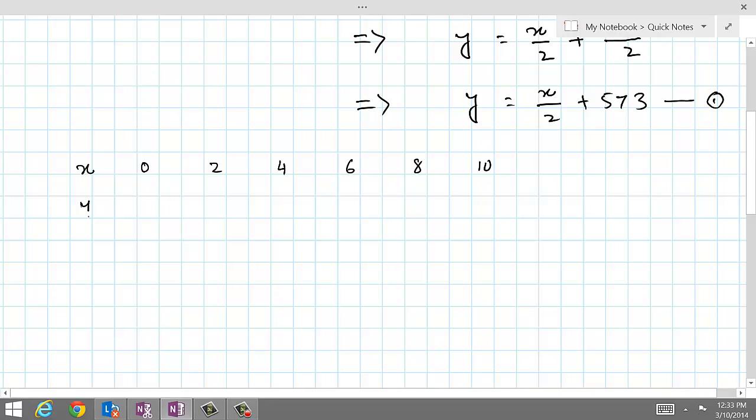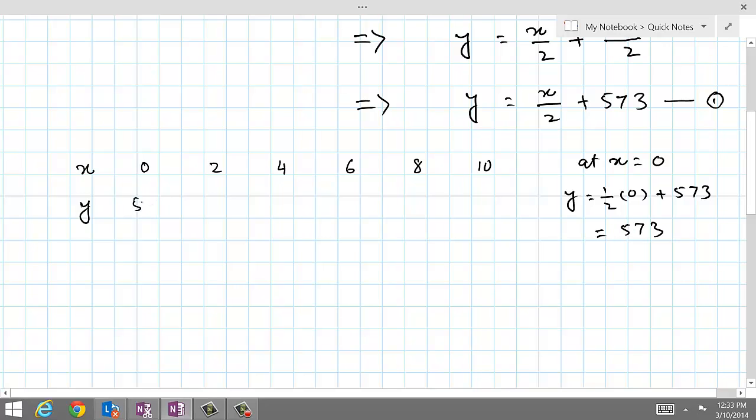Now we are going to find out values for y. At x equal to 0, if we place x equal to 0 in equation 1, y will be equal to 1 over 2 times 0 plus 573. So this will give us 573, which is against x equal to 0.